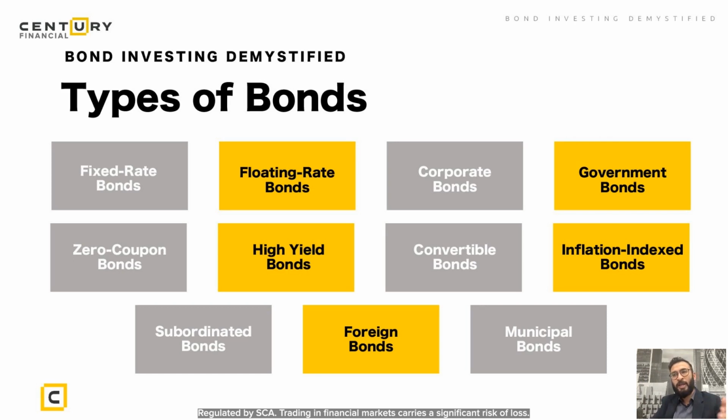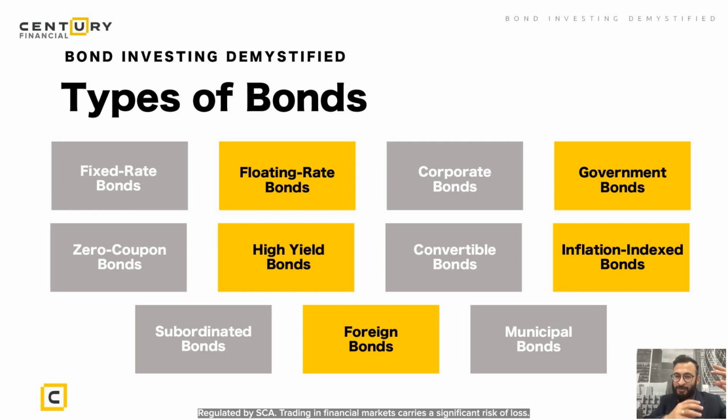Your loan carries lower importance. So if the company goes into bankruptcy, there are bondholders above you who will get a higher preference. Their money will be paid back first. Your money will come back after that.